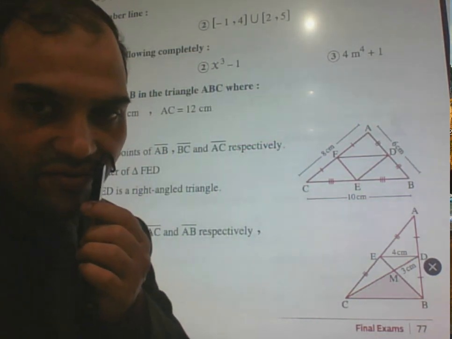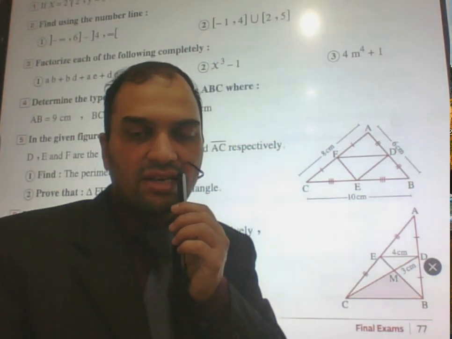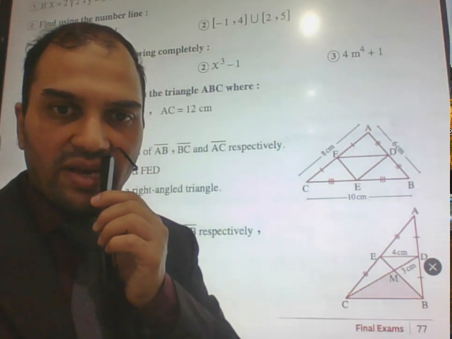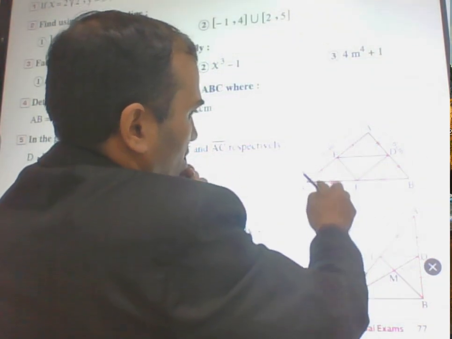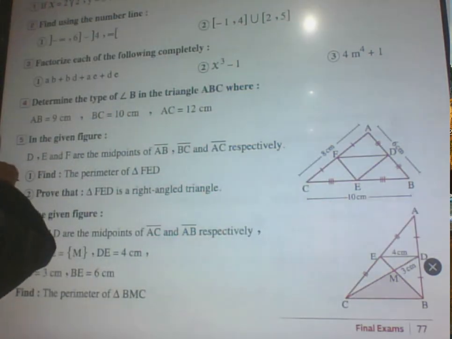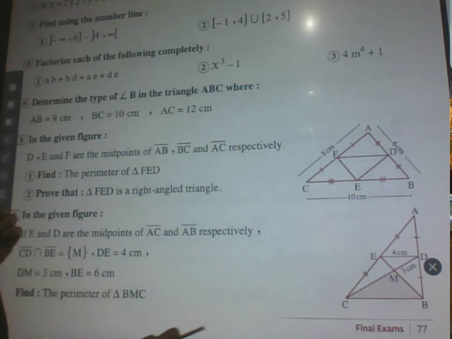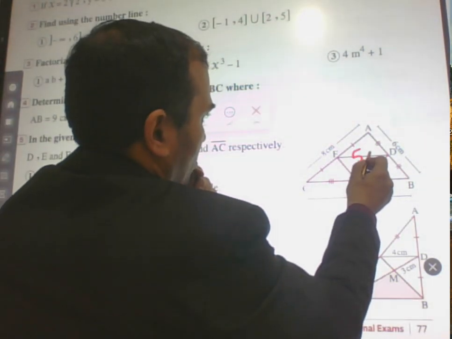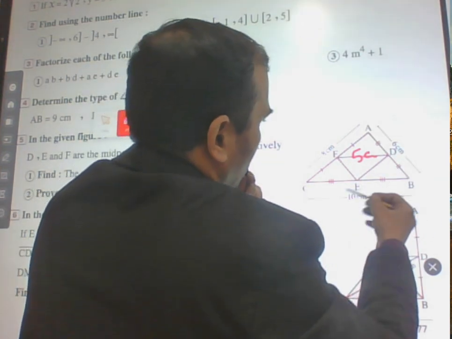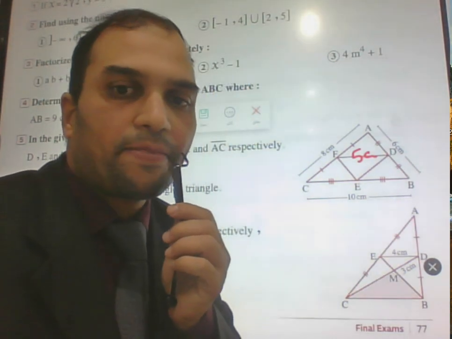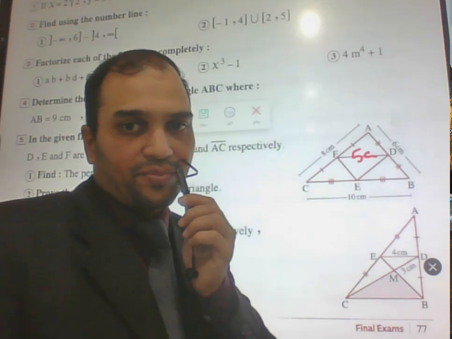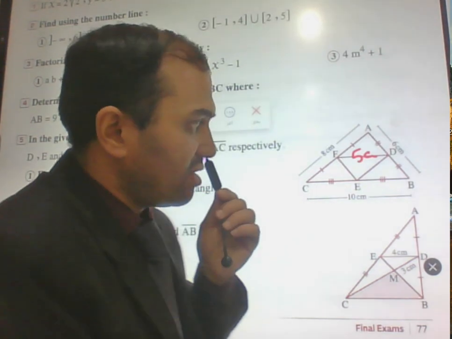Look at here, we have D and E, the line segment. D is the midpoint of BC and F is the midpoint of AC also. Then FD is half of 10. Half of 10 will be 5 centimeters. And this line segment DE lies between two line segments in the triangle, and D is the midpoint and E also is the midpoint.